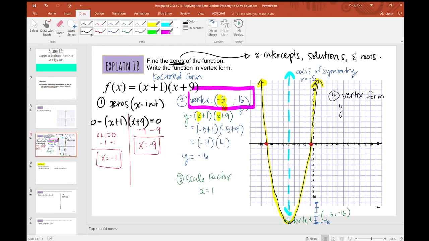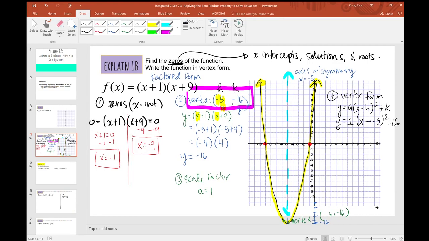So vertex form is y equals a times x minus h squared plus k. Our a value is 1. X minus, remember the coordinates of the vertex are also h and k. So it's x minus -5 squared minus 16. K is -16.